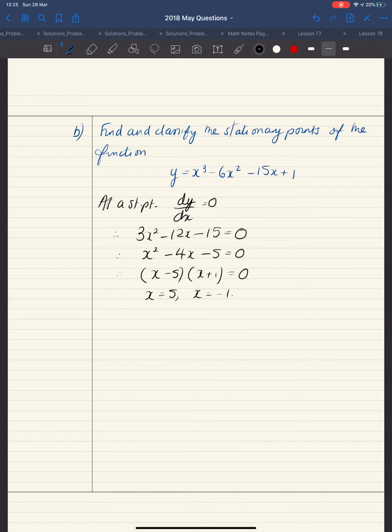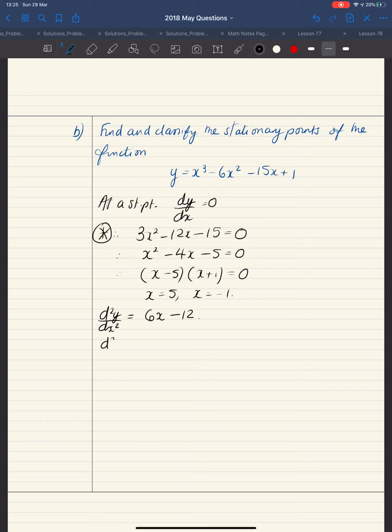Next thing to do, look at d2y by dx squared. And it's this one with the differentiate, not that one. Some people do this one. Don't do that one, it's this one. D2y by dx squared is 6x minus 12.